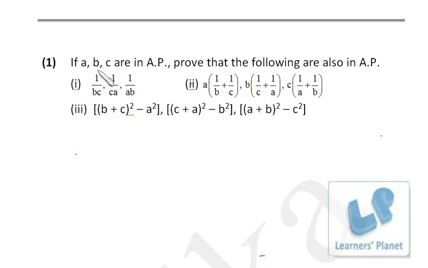Still again we'll be taking A, B, C are in AP. So A, B, C in AP, that's given, right? If I multiply all of them by a number -1, so minus A, minus B, minus C will also be in AP.